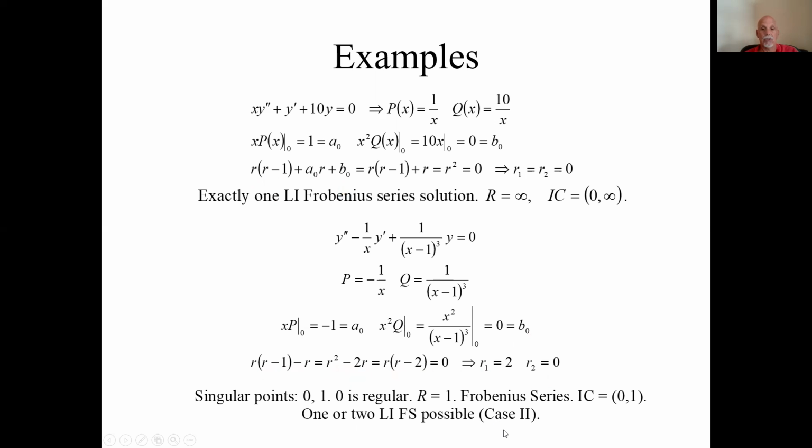So this is a case 2 case, where we can't tell at this point if we'll get 1 or 2 linearly independent Frobenius series solutions. The radius of convergence is the distance from 0 to this singular point, which is 1. So the interval of convergence is from 0 to 1.